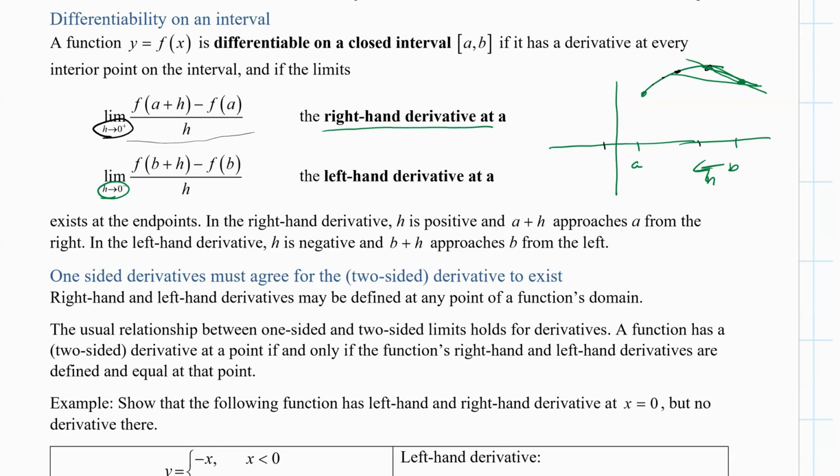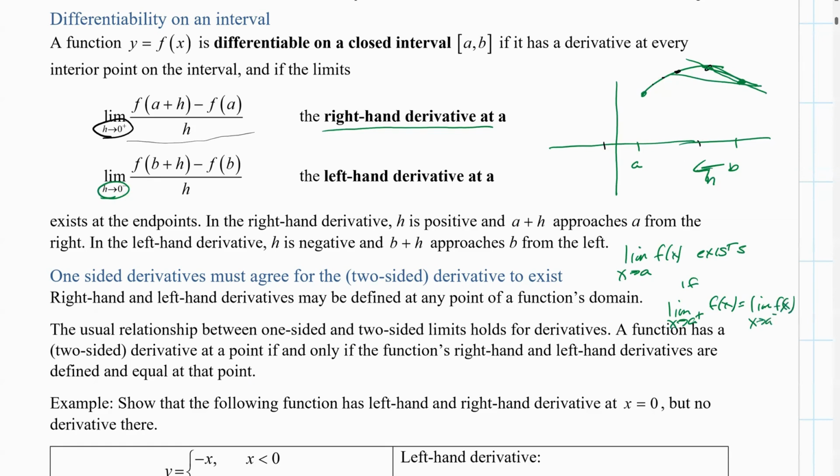All right? Now, one little reminder of your pre-calculus days. We only say that the limit as x approaches a of f of x exists if the limit as x approaches a from the positive side is the same as the limit as x approaches a from the negative side.